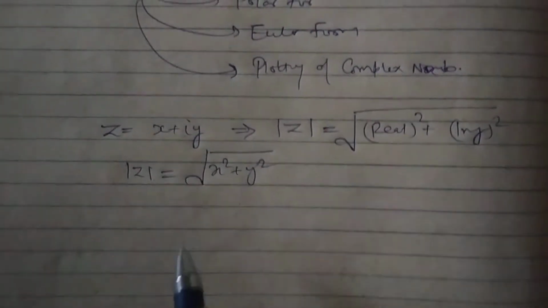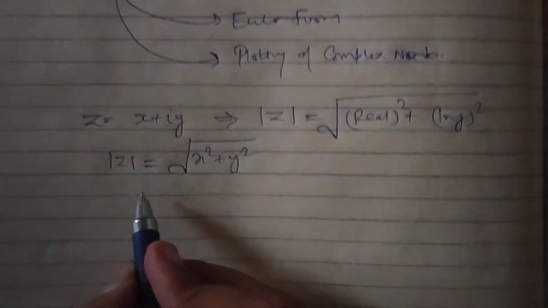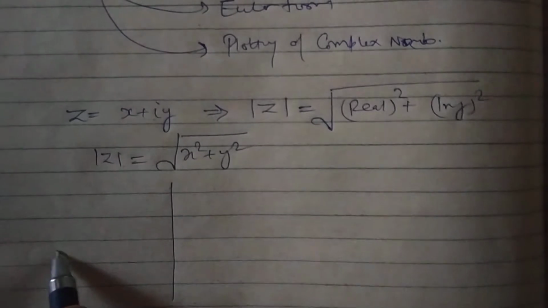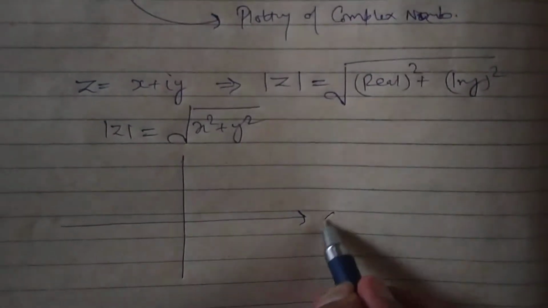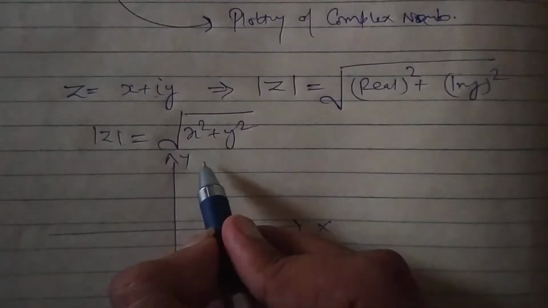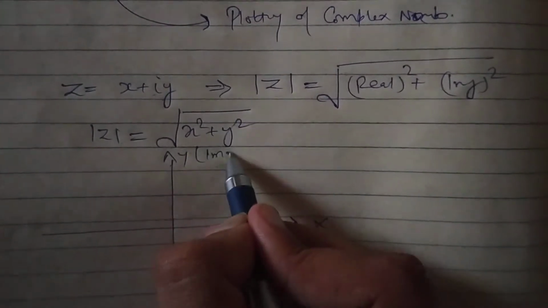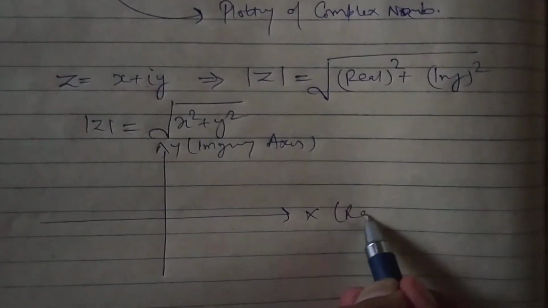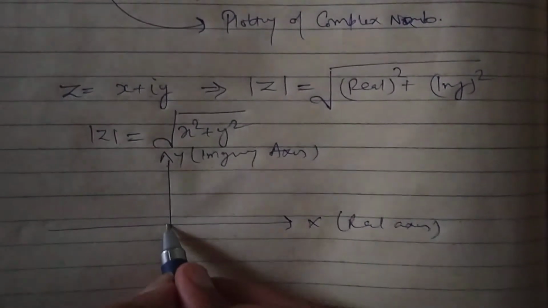Similarly, when we talk about plotting the complex number, let's say this is your x-axis and this is your y-axis. We treat y as the imaginary axis and x as the real axis. This is your origin.